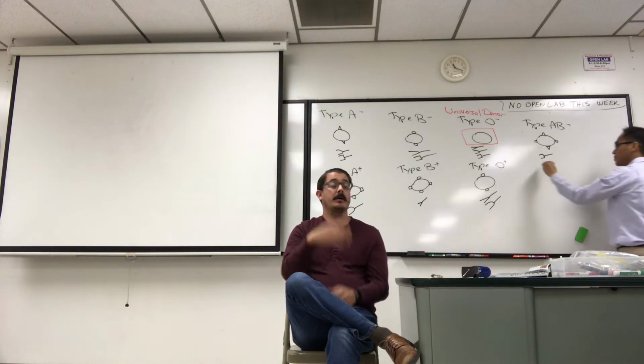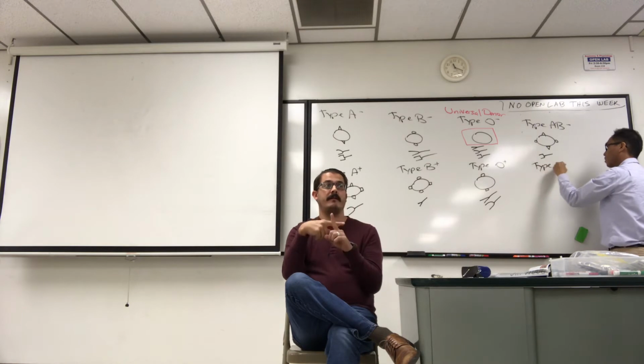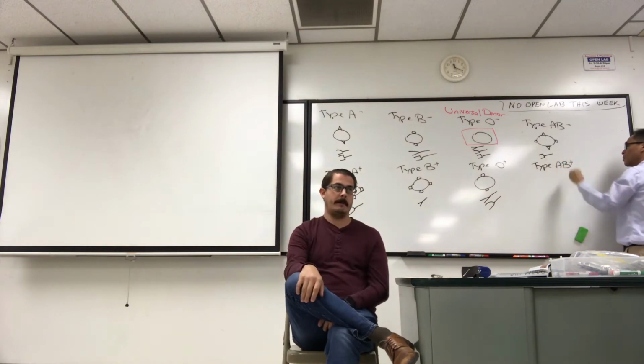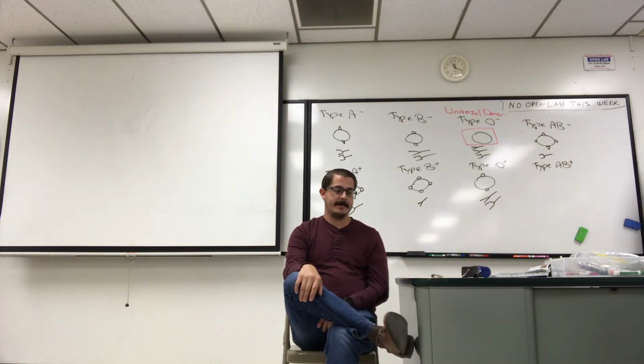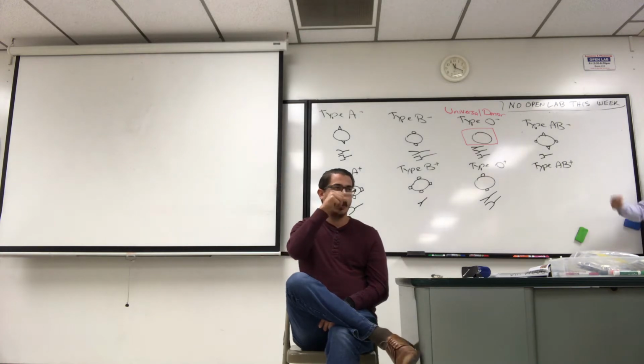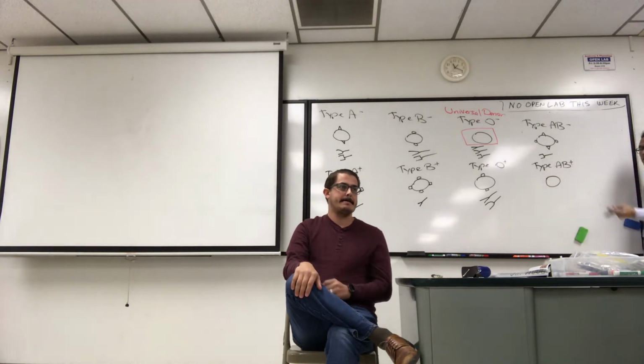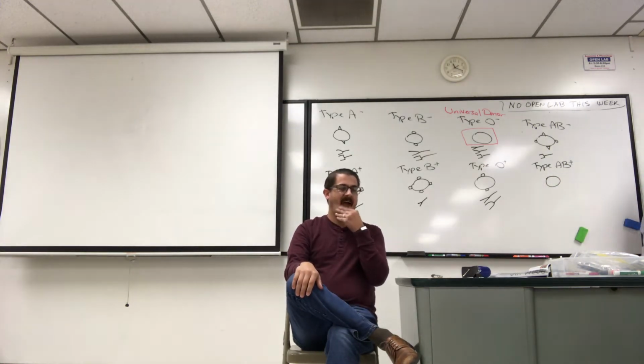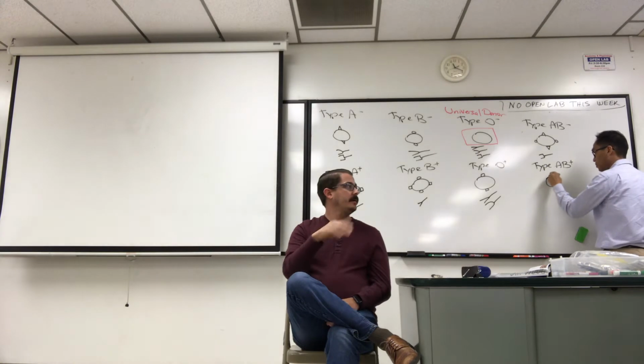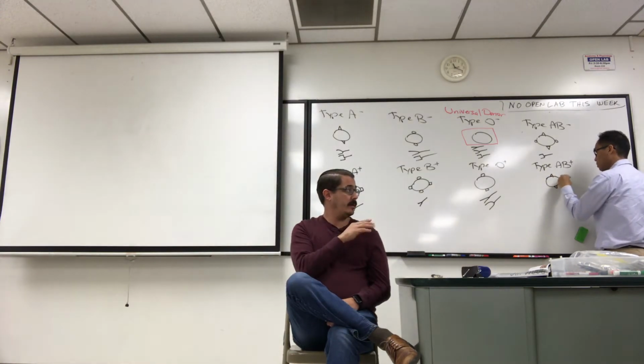The last type is type AB positive, very rare. You can Google the prevalence. I showed you that table, but it's very rare, but let's just know it. You have all three antigens that we're talking about present, the A, the B, and the RH. So I'm going to draw the triangles, the circles, and the squares.